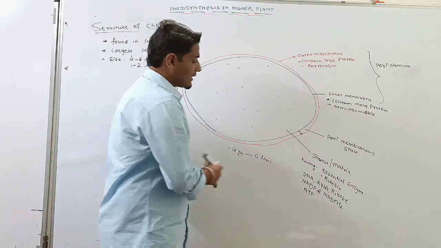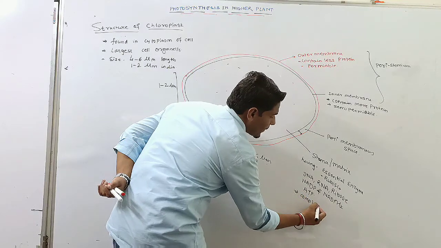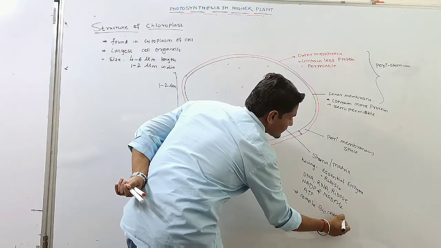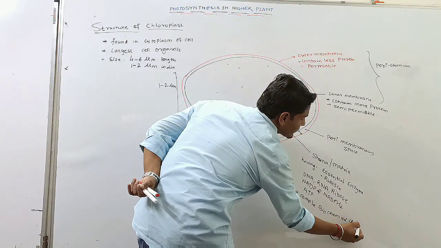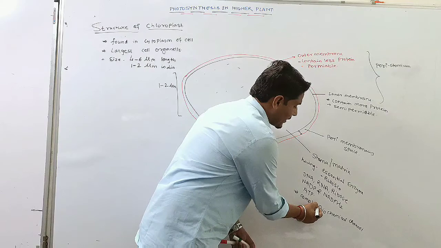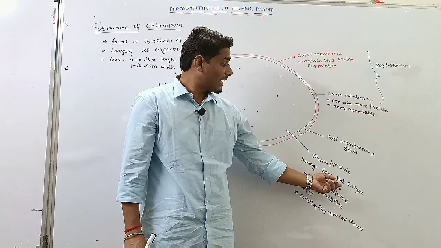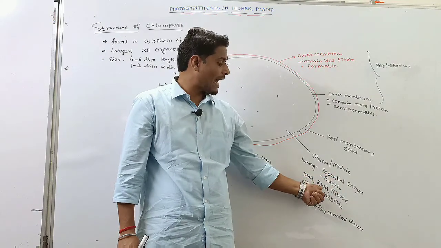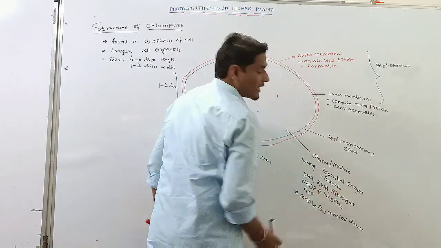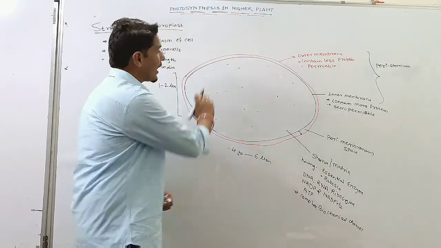So stroma is basically nothing but a complex biochemical channel. ओके, स्ट्रोमा को क्या बोलते हैं? कॉम्प्लेक्स बायोकेमिकल चैनल. Why is it called a biochemical channel? Because it contains essential enzyme, that is rubisco, DNA, RNA and ribosome. क्या होता है? राइबोसोम होते हैं. NADPH2 and NADP and ATP होता है स्ट्रोमा.